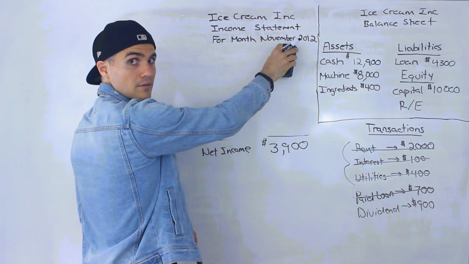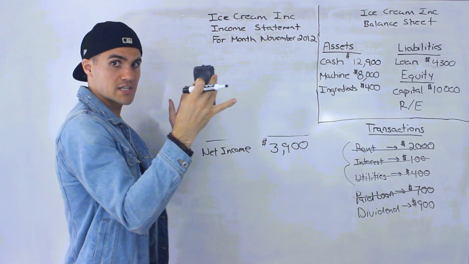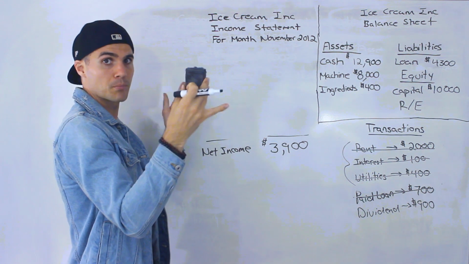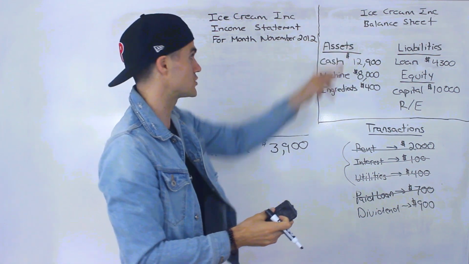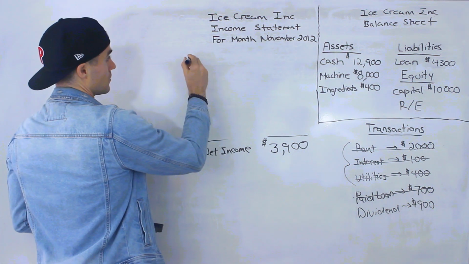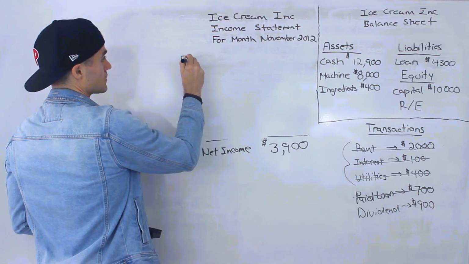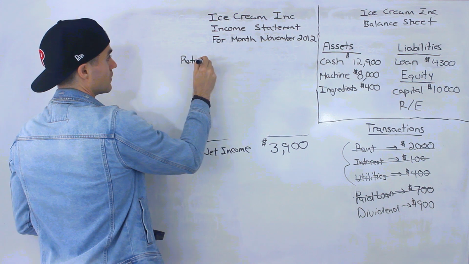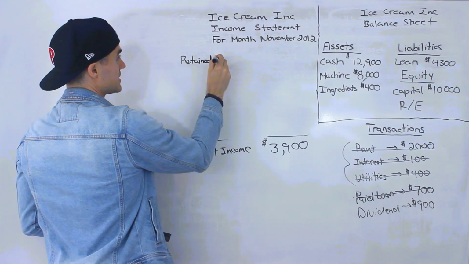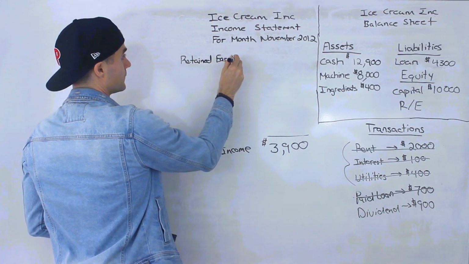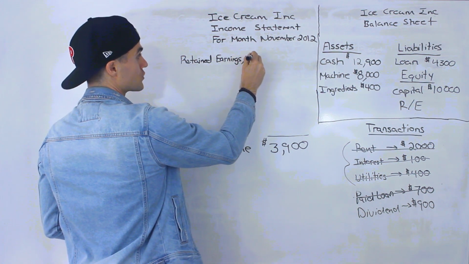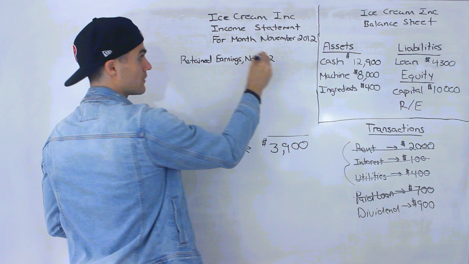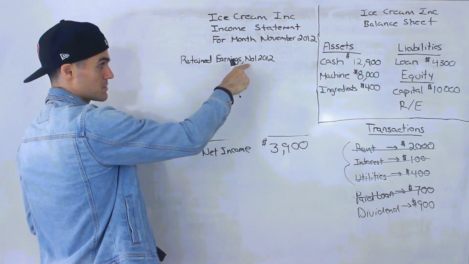It's for the month of November 2012. Remember, the statement of retained earnings is for an entire period. It's not like one specific point in time like the balance sheet is. So what happens is we start with a retained earnings amount on November 1st, 2012, the beginning of the period, which was the beginning of November.